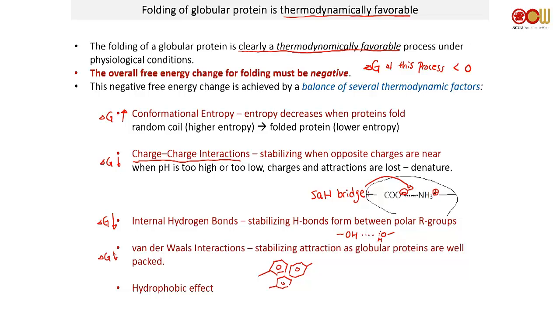Pretty cool. Hydrophobic effect. Hydrophobic effect is when you have all these hydrophobic things cluster together and the water is just outside.